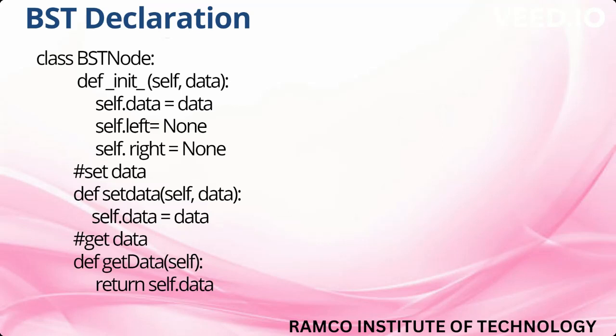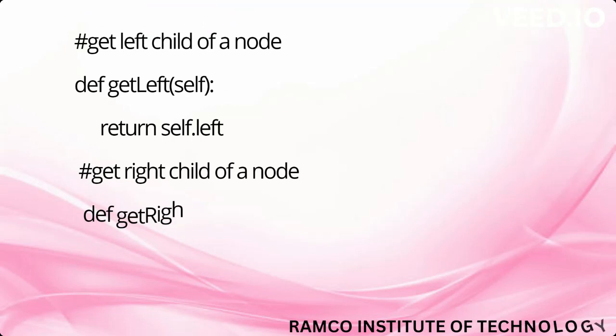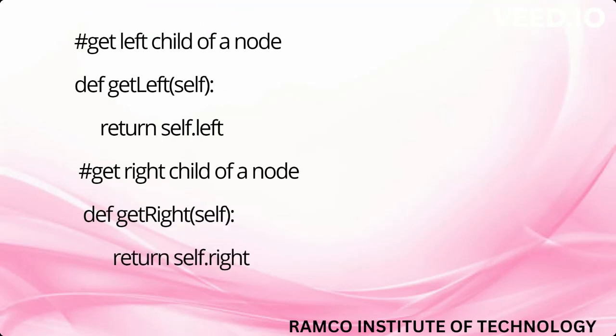In this init function, we have initialized the root data and the left child and right child. After that, we set and get the data by using the functions set data and get data. Next, we need to get the left child as well as the right child. For that we are using the functions get left and get right.